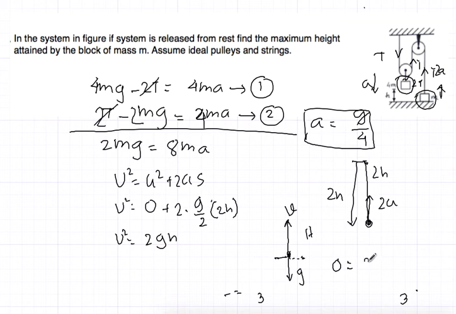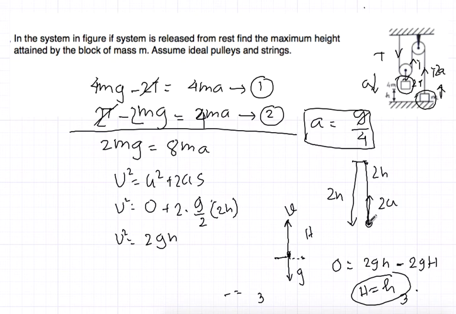So 0 equals 2gh minus 2gH, minus because it's deceleration. Suppose it goes up another capital H. So essentially we get H equal to h. So it will go a further height of h.